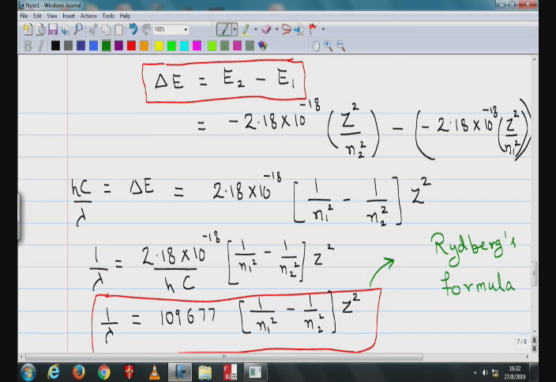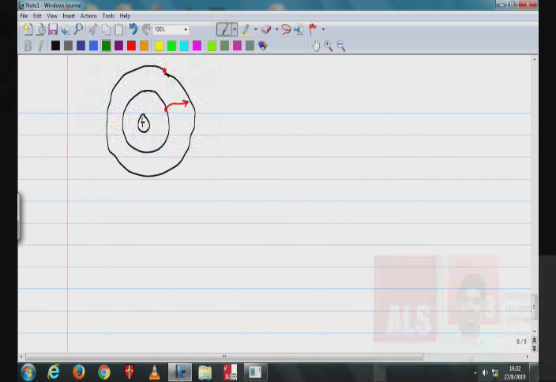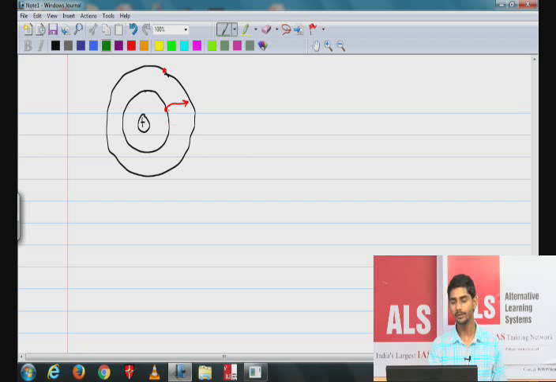Okay, let's move on. So I was discussing that whenever an electron jumps from a lower energy level, this one will be n equal to 1 and this one will be n equal to 2.